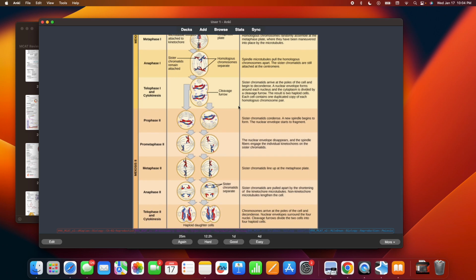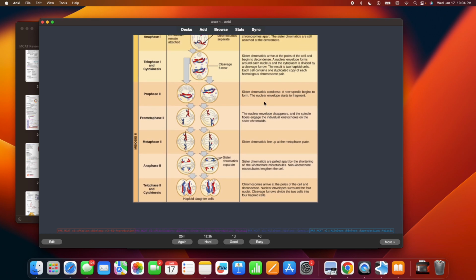Then we have prophase 2. Sister chromatids condense. A new spindle begins to form. The nuclear envelope starts to fragment. The nuclear envelope in metaphase 2 disappears again, and the spindle fibers engage the individual kinetochores on the sister chromatids. In metaphase 2, sister chromatids line up at the metaphase plate. It's now sister chromatids.